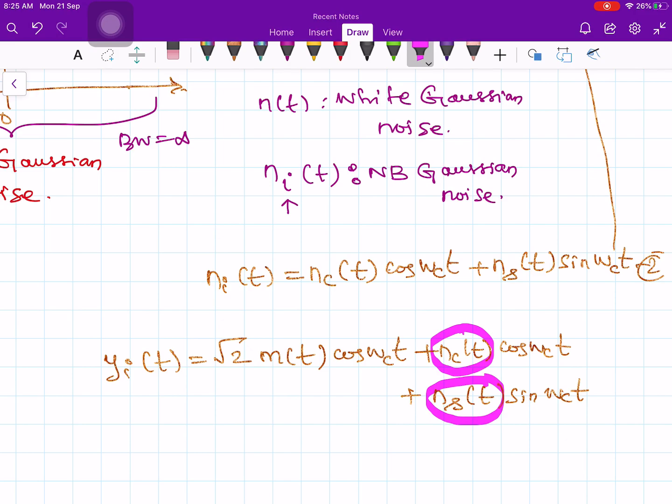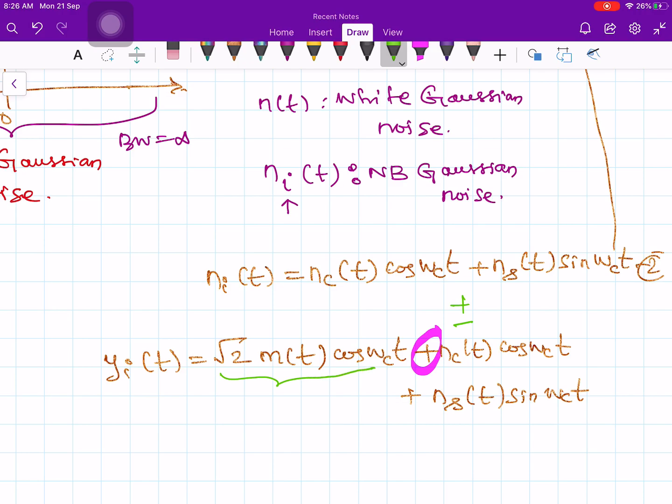Now, what about the sign of this one? It can be either positive or negative, it doesn't matter. Okay, it doesn't make any big difference as far as the properties of the resulting process are concerned. Now from this expression, what is the signal power here? The signal power that you will have here is this power.